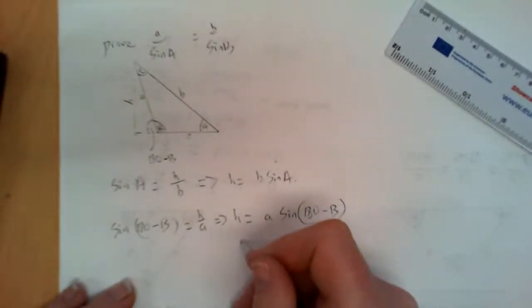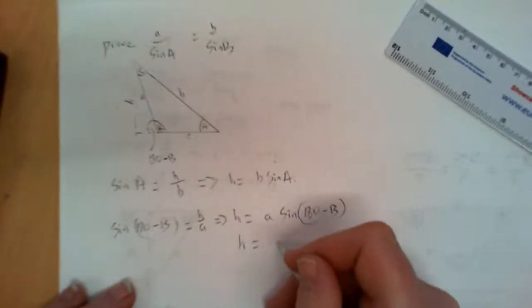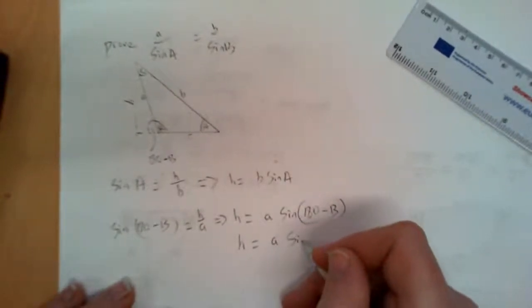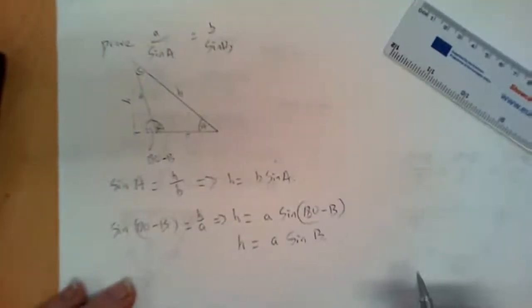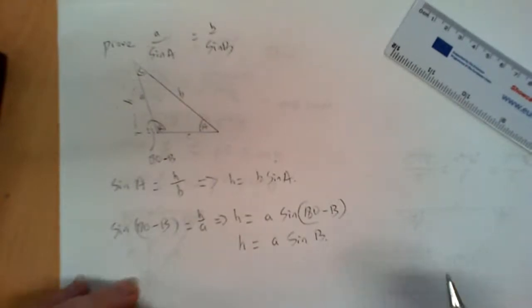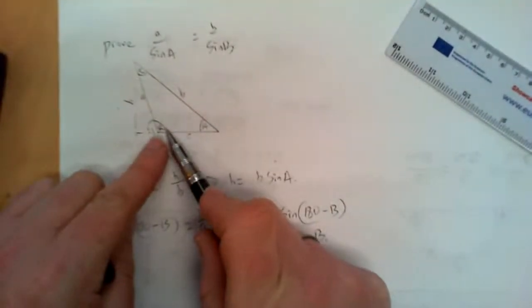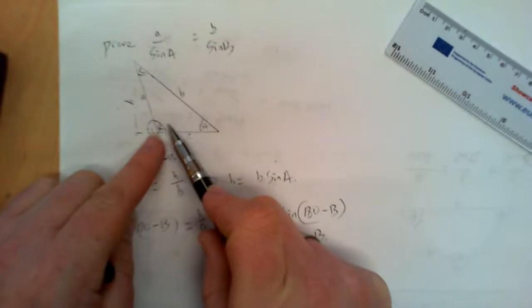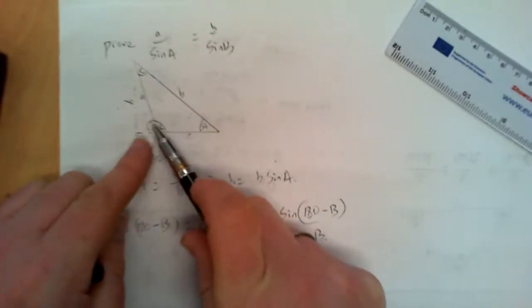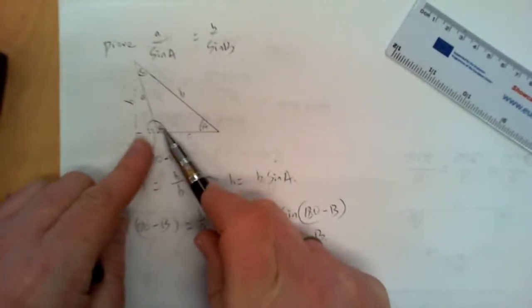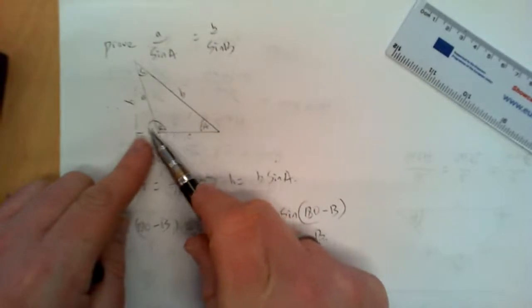So you're still left with H equal to A sine B. Because whatever angle this is, it's greater than 90. That's in the second quadrant. So this becomes the reference angle for this. So they're the same angle.